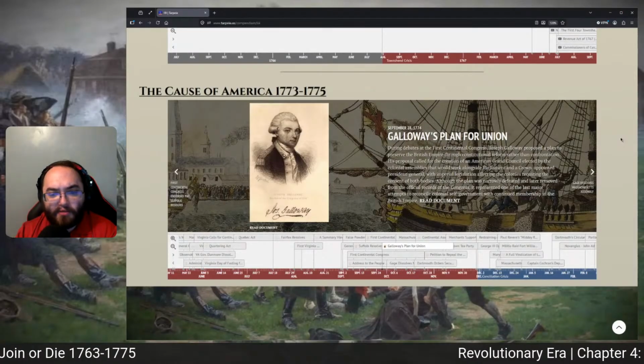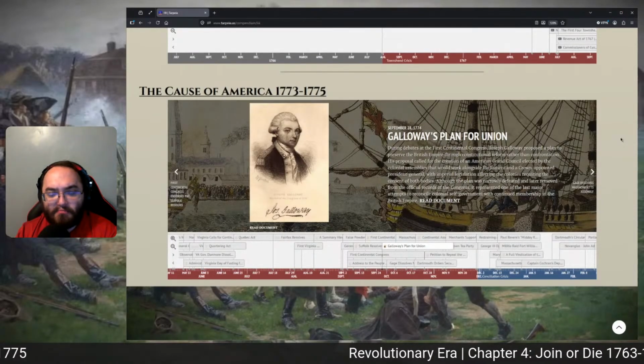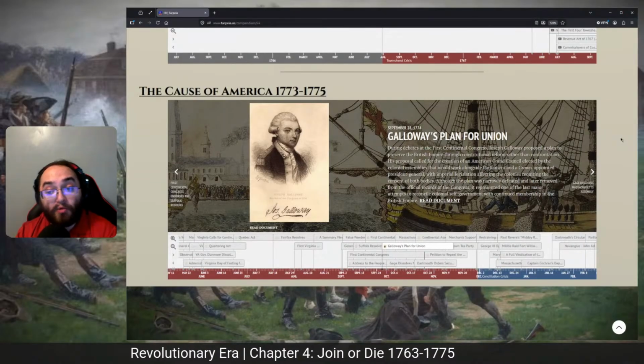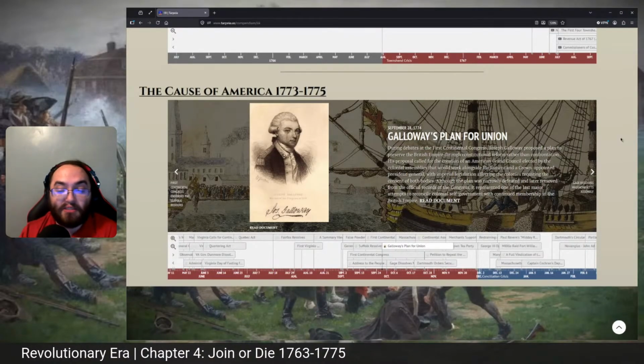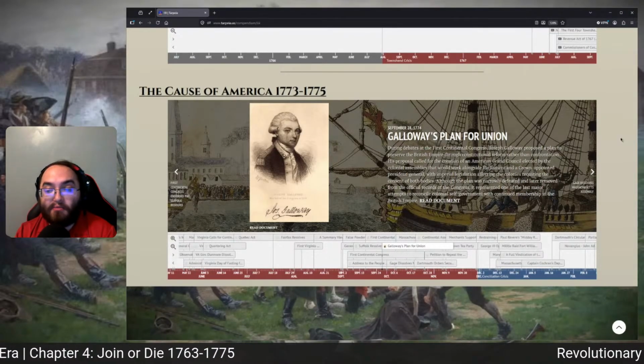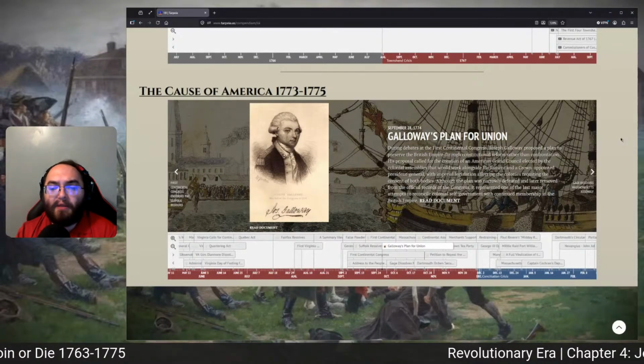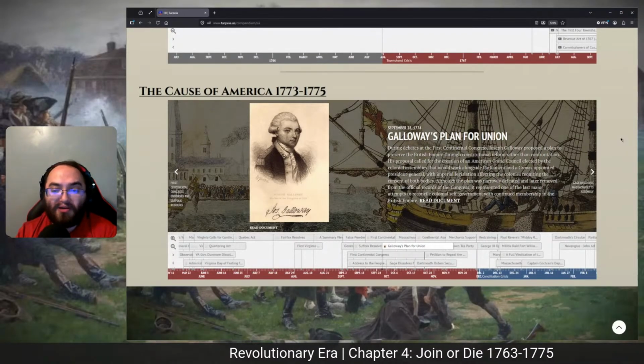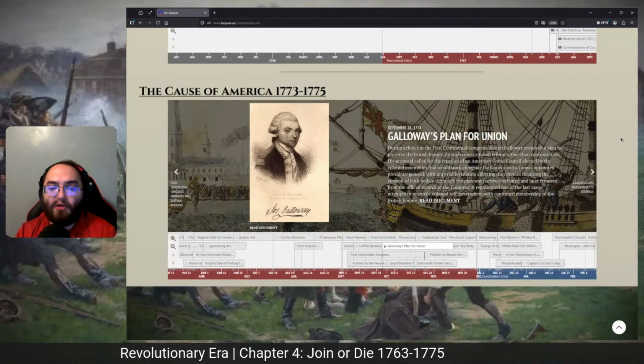This is Galloway. He is a member of the First Continental Congress, Joseph Galloway. He is a loyalist, so he does not join the Patriots when the Revolution happens. And he proposed a plan to preserve the British Empire through constitutional reform rather than confrontation.